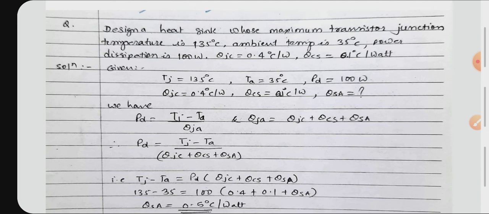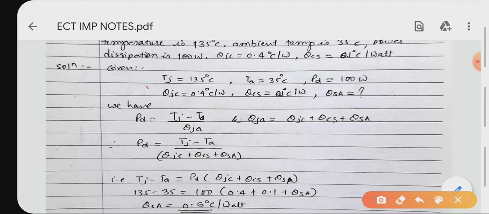So Tj means junction temperature is given 135 degrees Celsius, Ta ambient temperature 35 degrees Celsius, power dissipation is 100 watt, theta Jc means thermal equivalent between junction and case, thermal equivalent between case and sink, and thermal equivalent between sink and ambient.